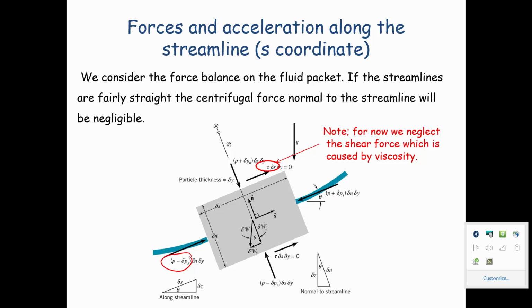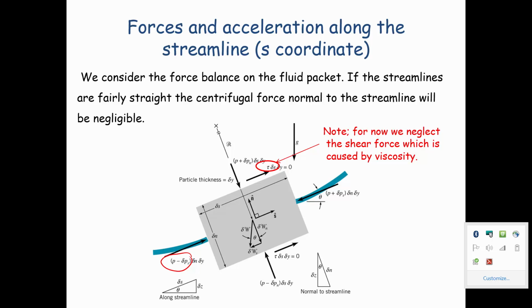On the upstream end, it's slightly less pressure. On the other end, the pressure is slightly greater, P plus delta PS, and that also is multiplied by the cross-sectional area of the packet on the downstream end. When you do that multiplication, you get a total pressure force that's acting on the upstream and downstream side of the packet.